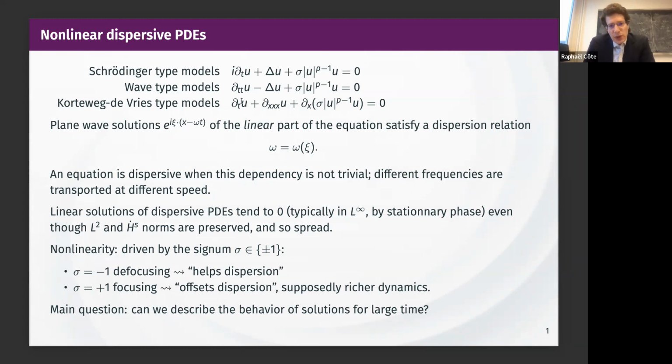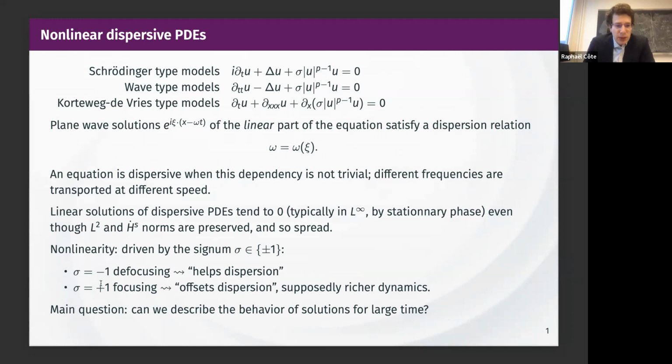That was for the linear part. For the nonlinear part, I will focus on power nonlinearities, and I put this sigma, a constant, which is really a sign. For all these equations there is a scaling, so after changing the scale you can choose sigma to be plus or minus 1.